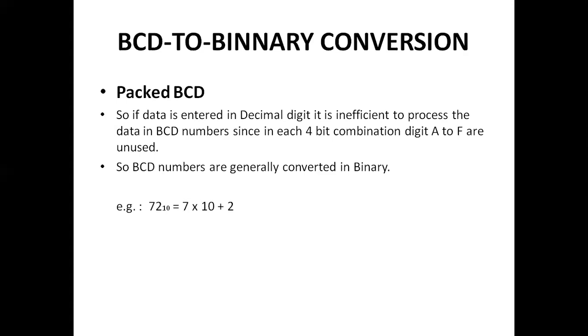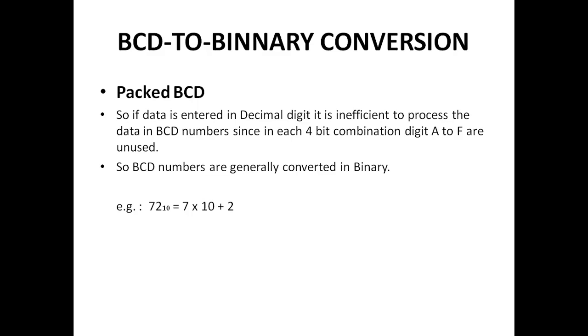So let us consider that the BCD number is 72. So 72 is a decimal number, and depending upon the digits, that is 7 and 2, where they are placed, the first digit is 2 and the second digit is 7. It means the first position is occupied by 2 and the second position is occupied by 7.